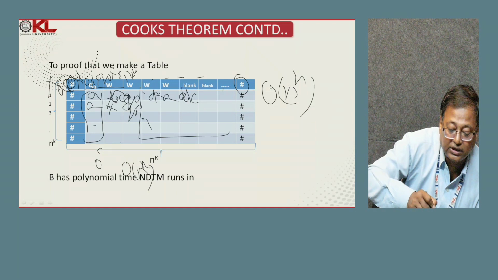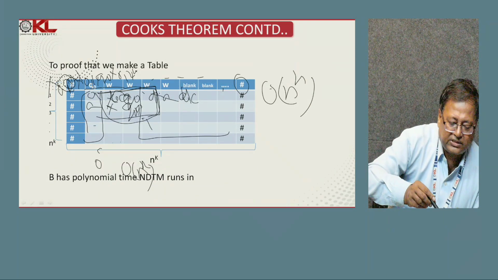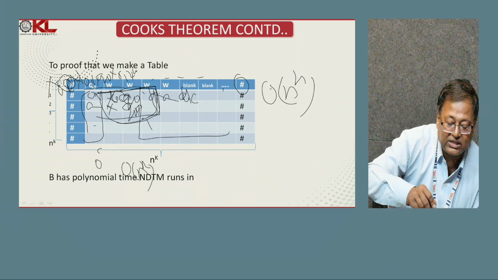So these three columns and two rows are changed. Similarly, B becomes x and we go to the right, so these three lines are changed.